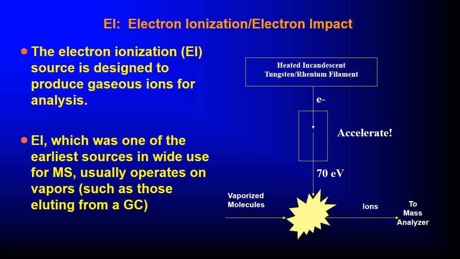Majorly from heated incandescent tungsten or rhenium filaments. It can achieve up to 70 electron volts, and this will turn vaporized molecules into ions.